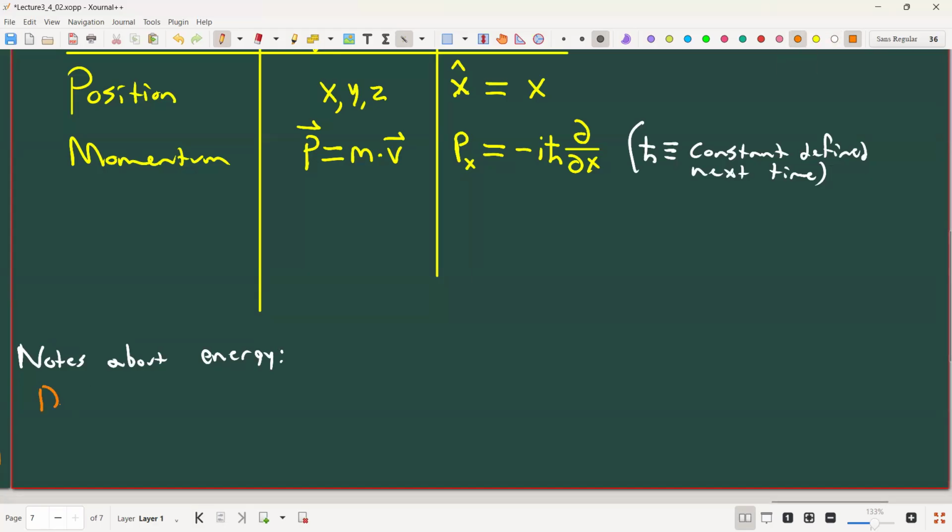So define the total energy of our system. We're going to give it a special label.